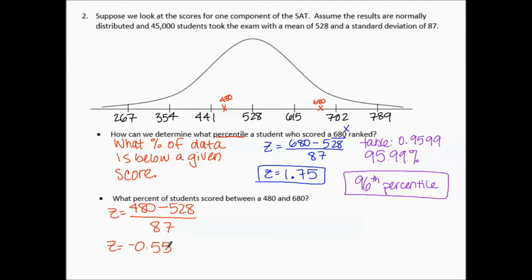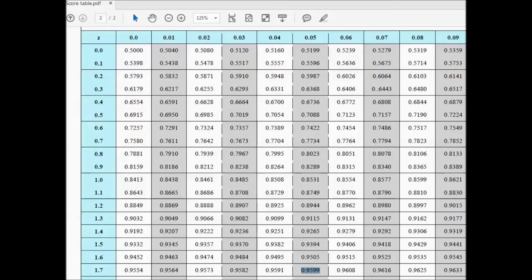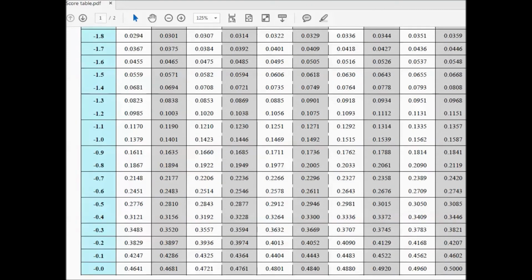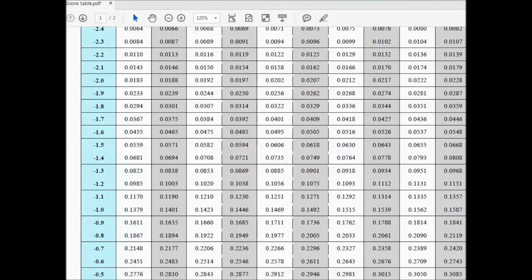Then we want to look this up in the table. So since we have a negative z-score, we need to go to the negative side. We want to go to negative 0.5 and then go over to the column that says 0.05.